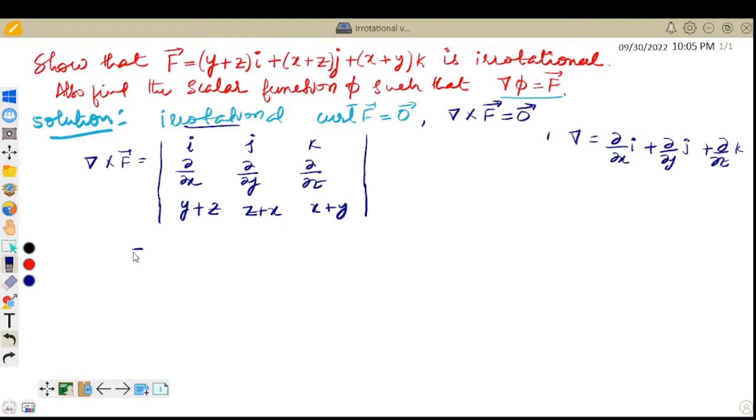So let us expand this determinant along the first row. You can expand along any row or any column, so I am going to expand along the first row. Leave the first row, first column: i times of dou by dou y of x plus y minus dou by dou z of z plus x. You know the signs of a third order determinant: plus, minus, plus.